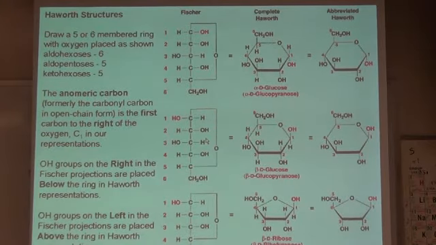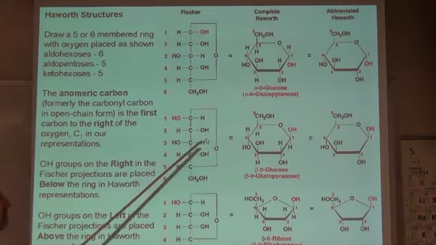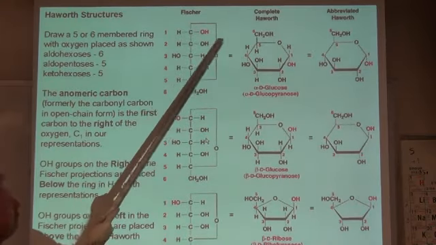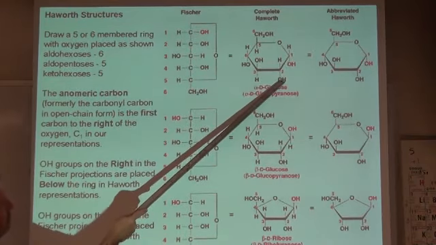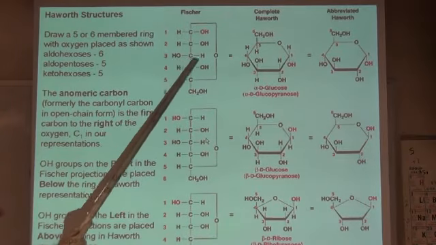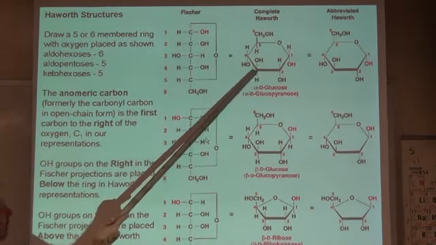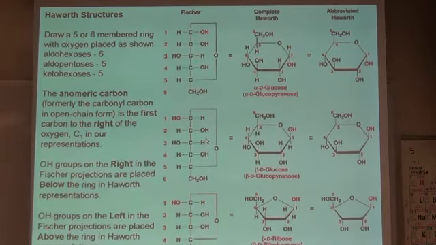And you get that geometry by going back to the Fischer projection. If it's on the right in the Fischer, it's below the ring. If it's on the left, you see this is carbon number 3. If it's on the left, it's above. Right below, left above.